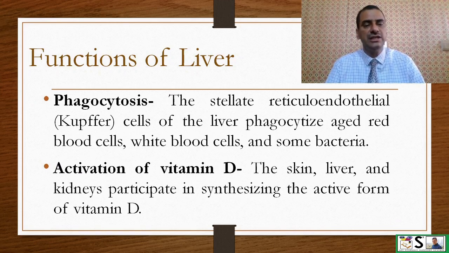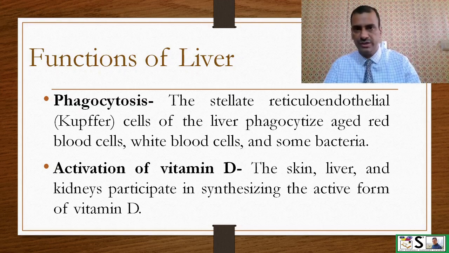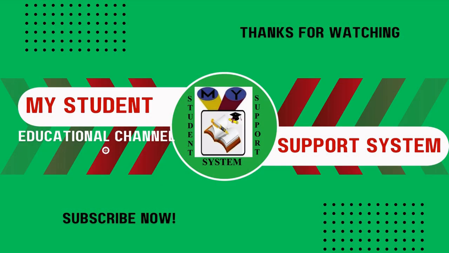The stellate reticuloendothelial cells, which are also known as Kupffer cells in the liver, phagocytose aged red blood cells, white blood cells, as well as some bacteria. Activation of vitamin D. The skin, liver, and kidneys participate in synthesizing the active form of vitamin D.